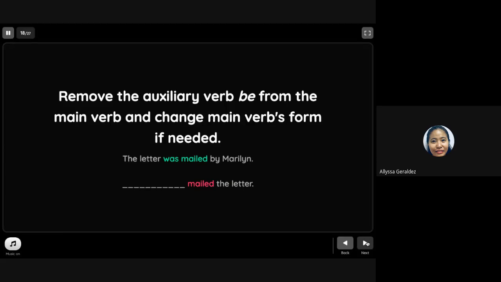Remove the auxiliary verb be from the main verb and change the main verb's form if needed. Next, the verb. Let's look for the verb, and then the verb, was mailed.